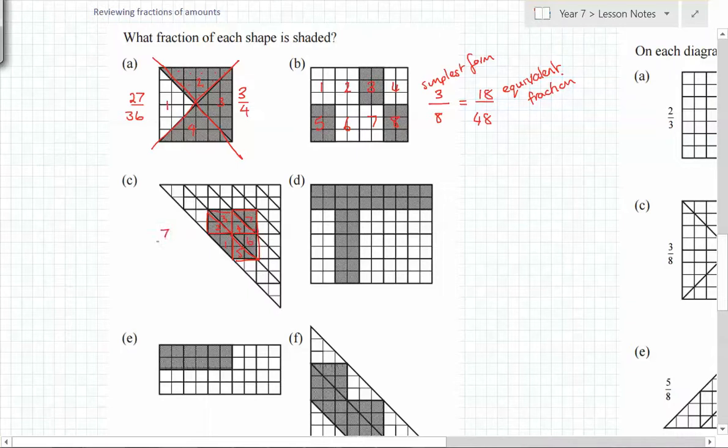So we've got 7 out of. I can count 1, 2, 3, 4, 5, 6, 7, 8, up to 25. 7 out of 25. Okay? Makes sense?